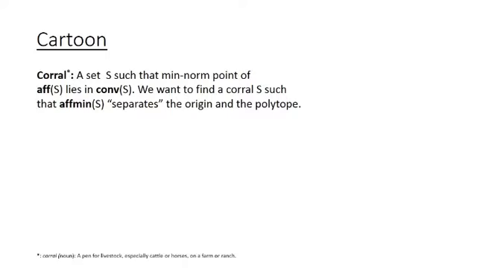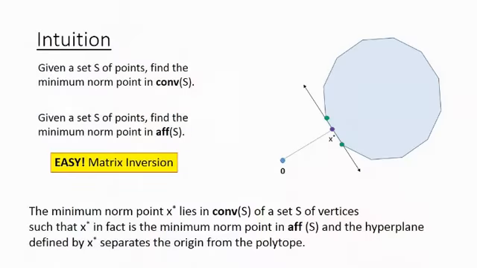So why does it lie in a convex hull? Sorry, x star lies in a convex hull of at most n plus 1 points. In fact, if it's minimum norm, it will lie in at most n points.